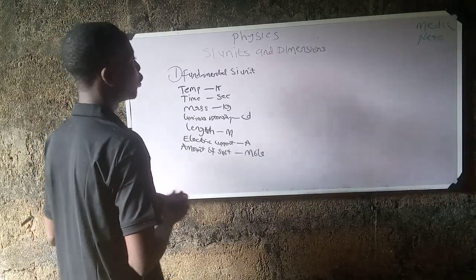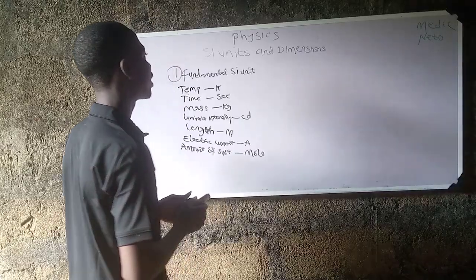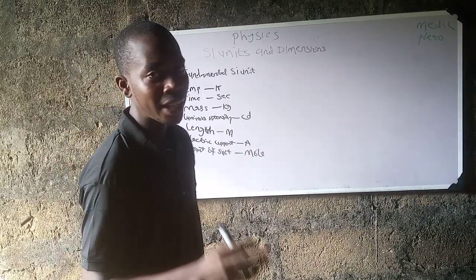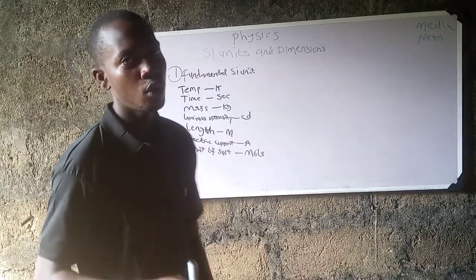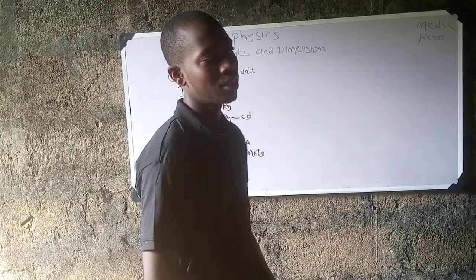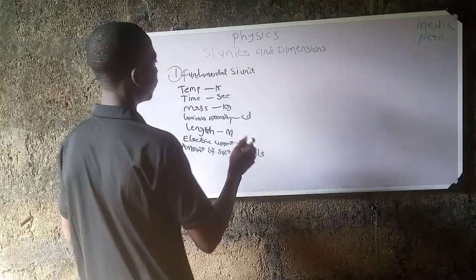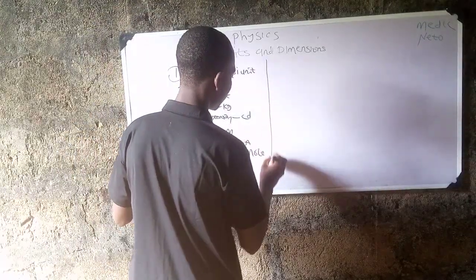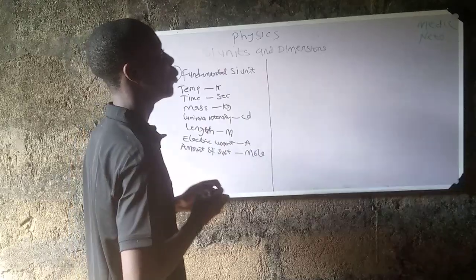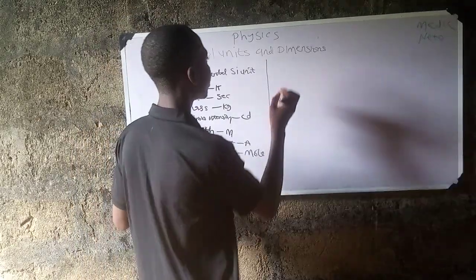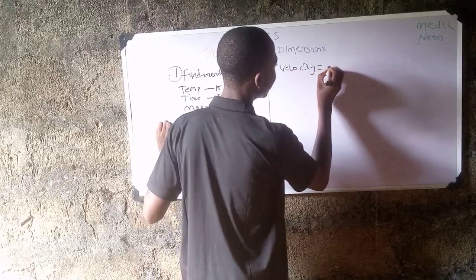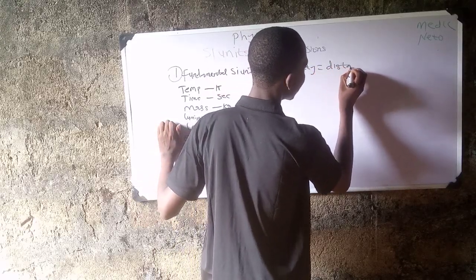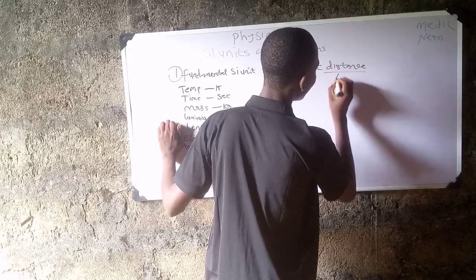Now we will go to the derived SI units. A derived SI unit is obtained when there is a combination of 2 or more fundamental units. Example, let's take velocity. Velocity is distance over time.